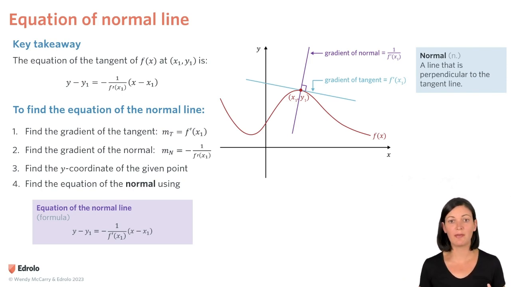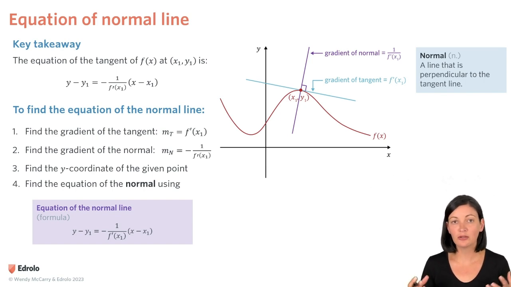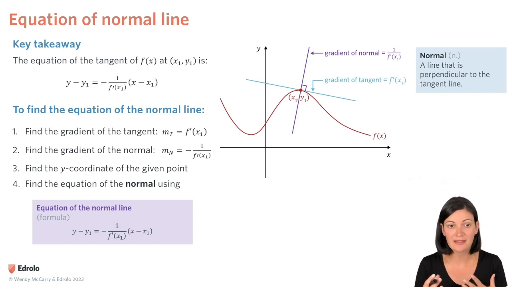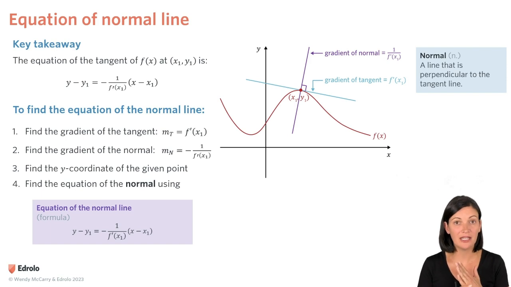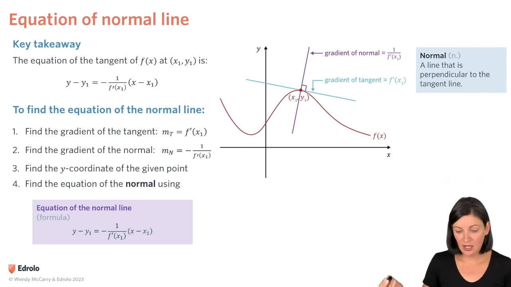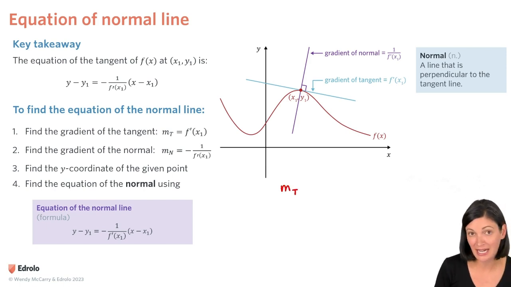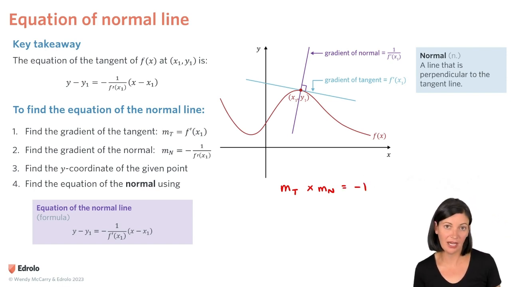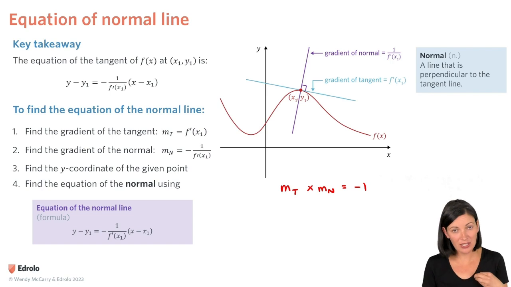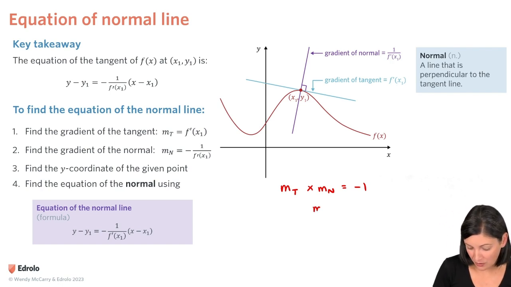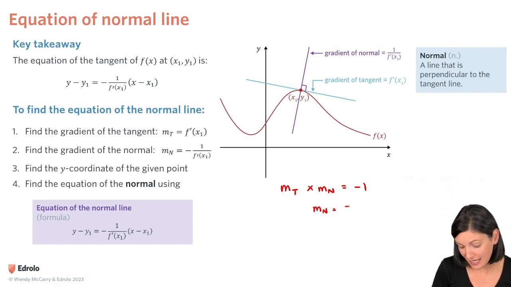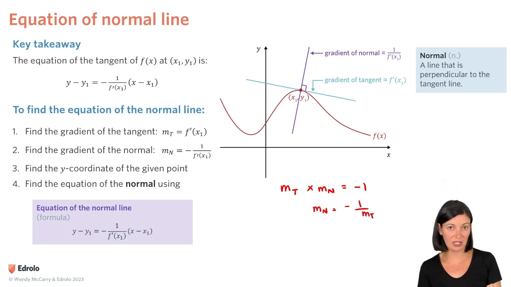So what you've got to remember here is that if you're looking at two gradients of lines that are perpendicular to each other, when you multiply them together, the gradient of the tangent times the gradient of the normal line should equal -1. The way I like to think about this is that the gradient of the normal line is the negative reciprocal of the gradient of the tangent line.